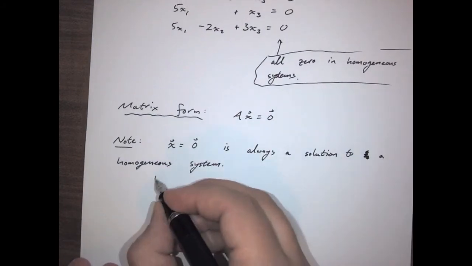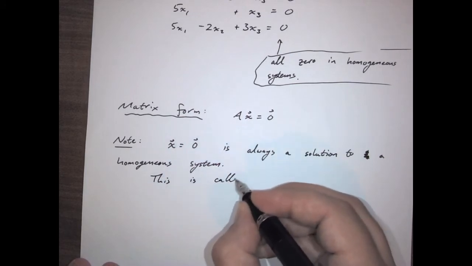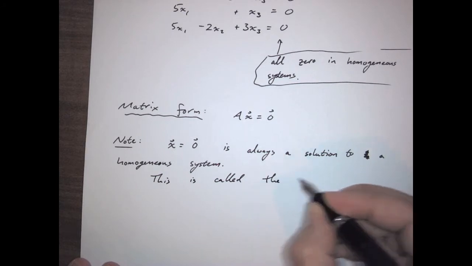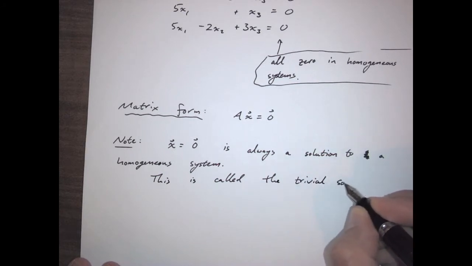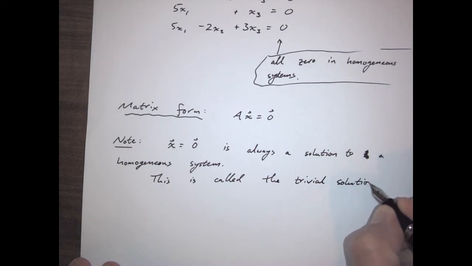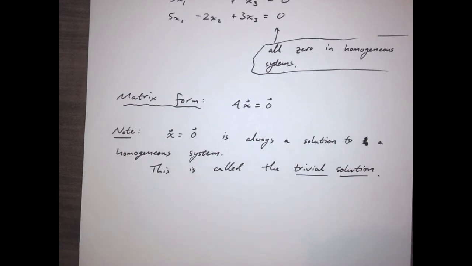So this is called the trivial solution. Every homogeneous system has one. It's not very interesting, and that's why it's called that.